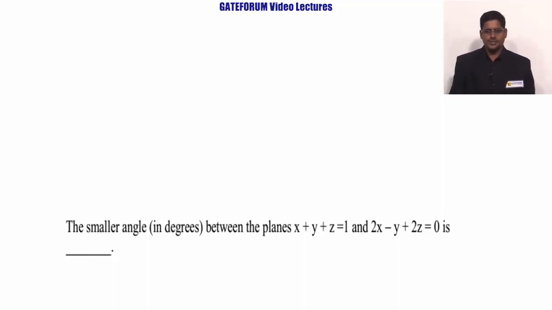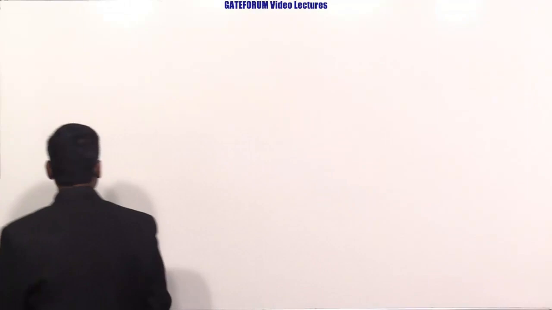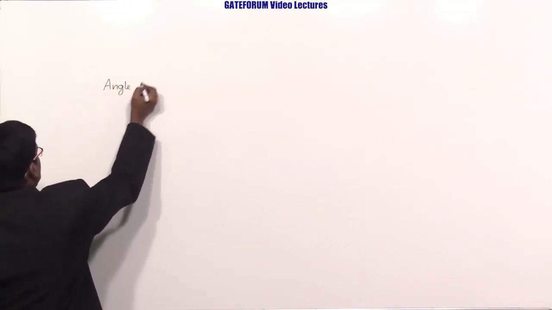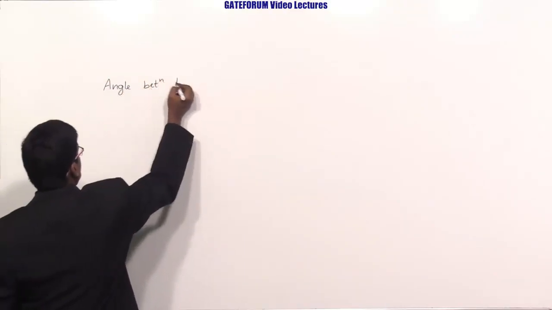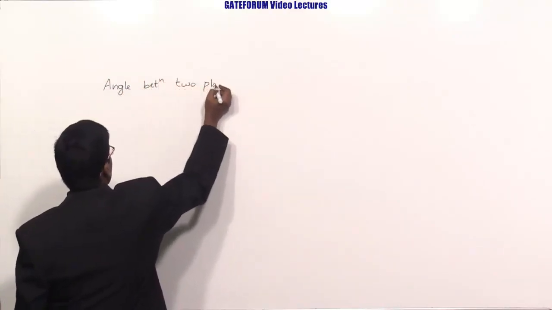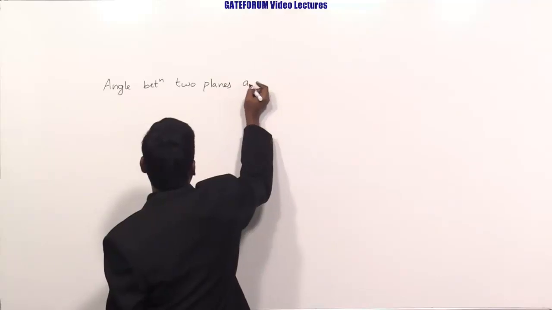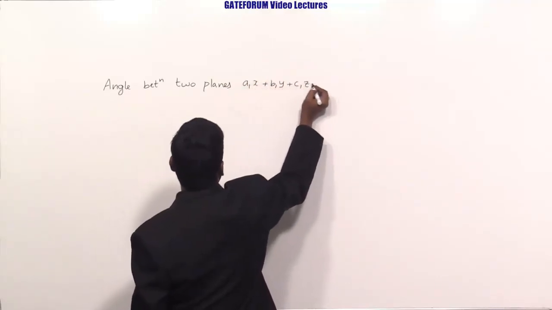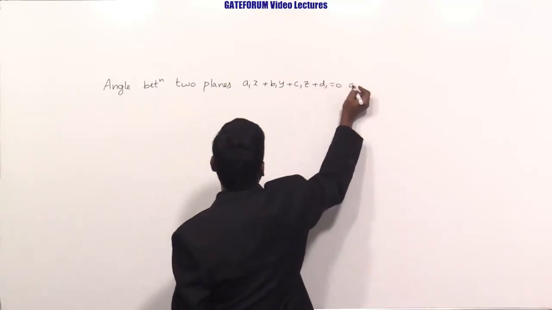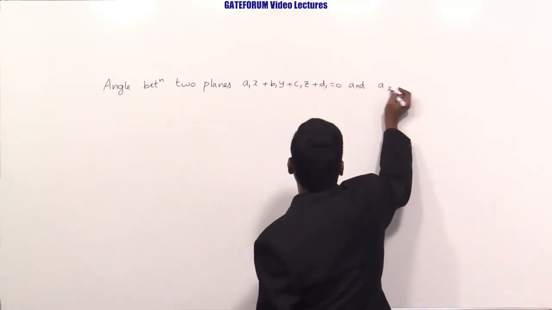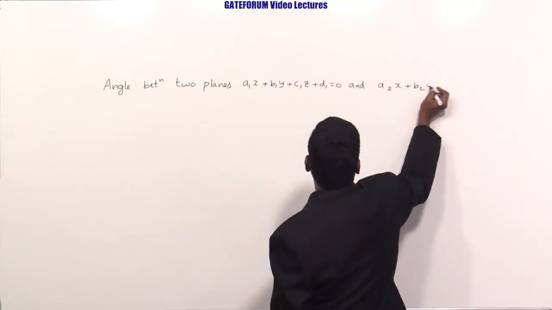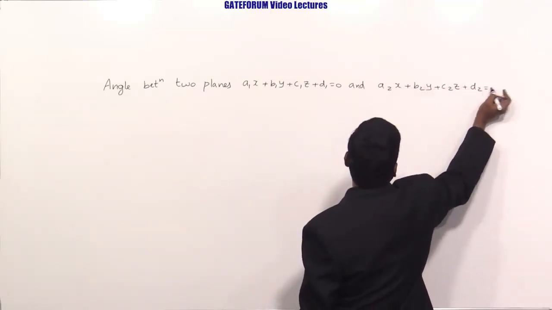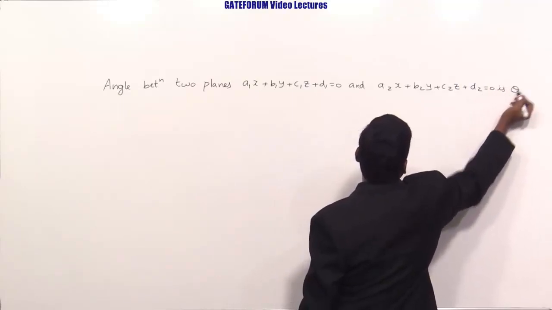The solution is, so here I am writing the formula, angle between two planes whose equations are a1x plus b1y plus c1z plus d1 is equal to 0 and a2x plus b2y plus c2z plus d2 is equal to 0 is, say, theta.